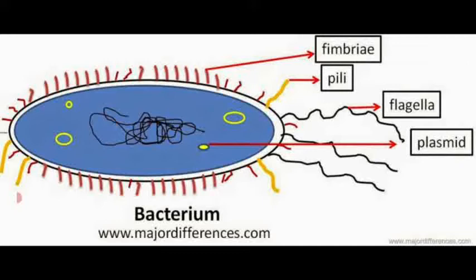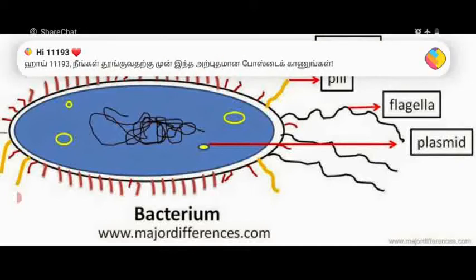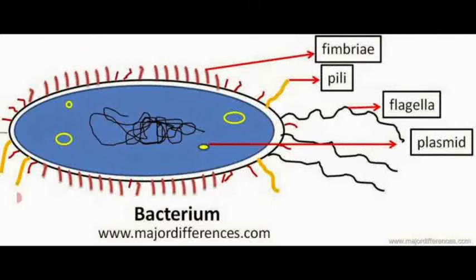Another one, flagella, a small whip-like structure present in the bacterial cell body, which is responsible for locomotion. Then at the inner side of the bacterial cell, there is the extra-chromosomal, circular, double-stranded organ named as plasmid. So this is the difference between fimbriae and pili.